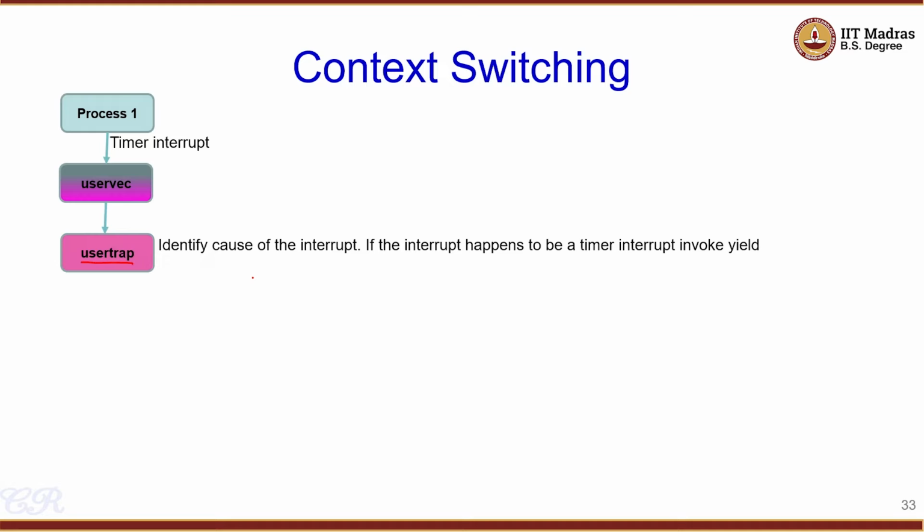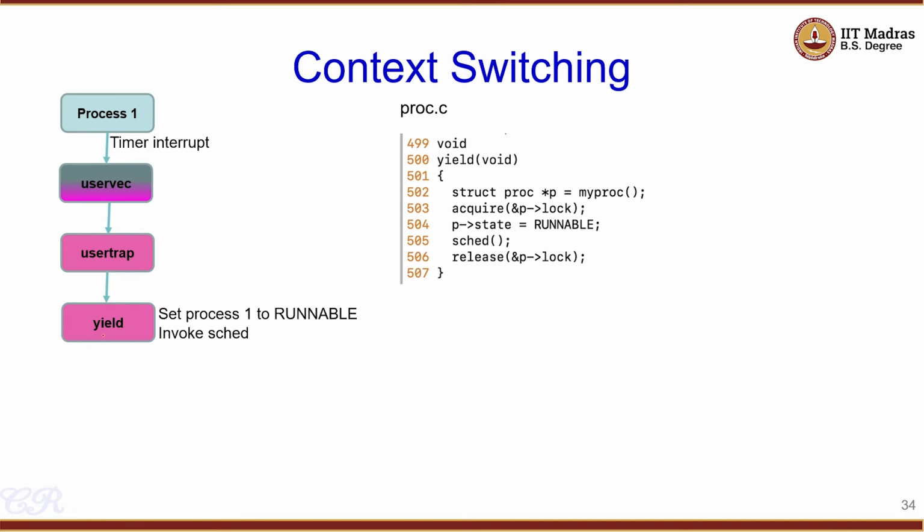Recollect, we have looked at the usertrap function earlier, which essentially looks into the scause register to identify that the interrupt that occurred was a supervisor software interrupt. The usertrap would identify this and then invoke the yield function. Now the yield function is, as we see over here, present in proc.c.